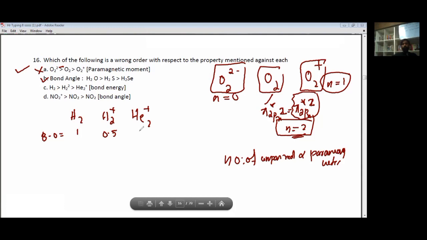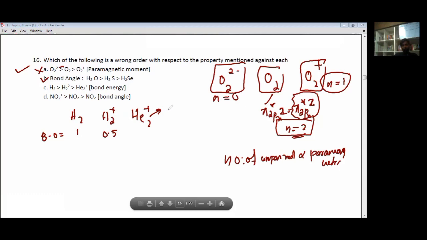And the next, what about the bond order in He2 plus? So actually there is helium, 2 electrons. Helium, there are 2 electrons. He2 means 4 electrons, so it will be 3 electrons. Okay. 3 electrons are here. Here only 1 electron.